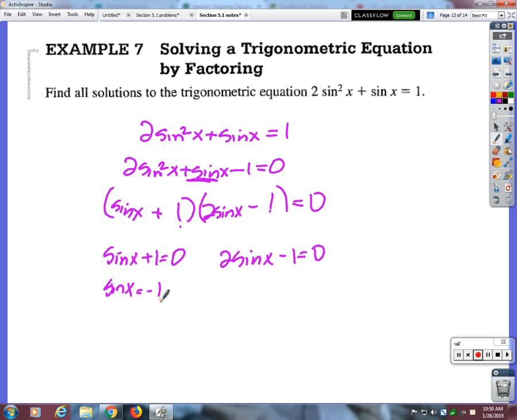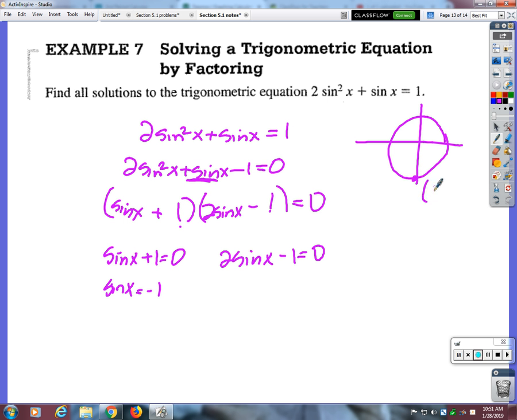Okay? Some of the weaker among you will have to refer to your circle chart to figure out what those values are. But the stronger of you will know. You know that the sine is the y-coordinate. So where on the unit circle is the y-coordinate negative 1?